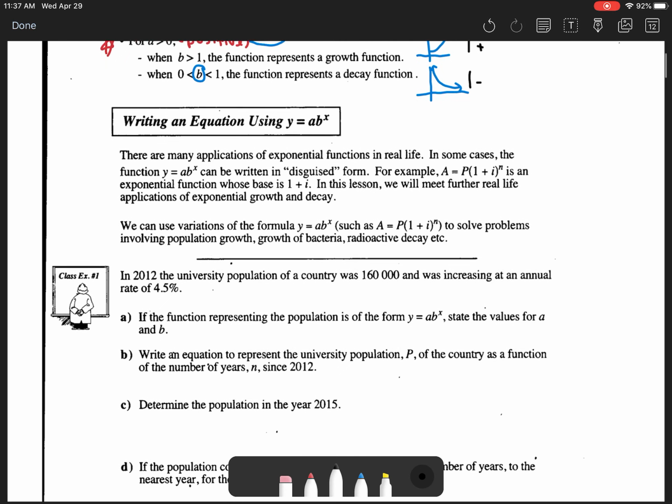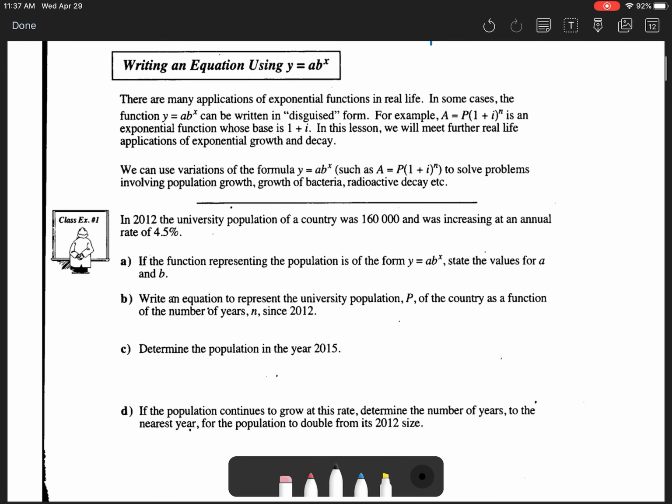So it says, writing an equation using y equals a b to the exponent of x. There are many applications of exponential functions in real life. In some cases, that exponential function is in disguised form, and that was basically what we saw yesterday, which was our compound interest formula, which is right here: A equals P times 1 plus i to the exponent of n. Remember that in that formula, A is like your variable y, the P is like our variable a, the 1 plus i is the b, and the n is the x.